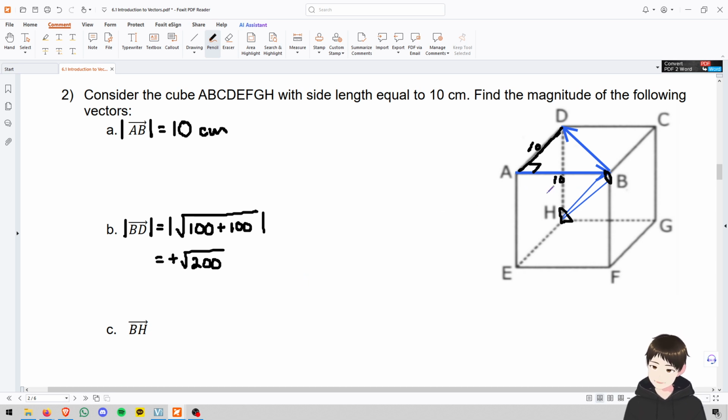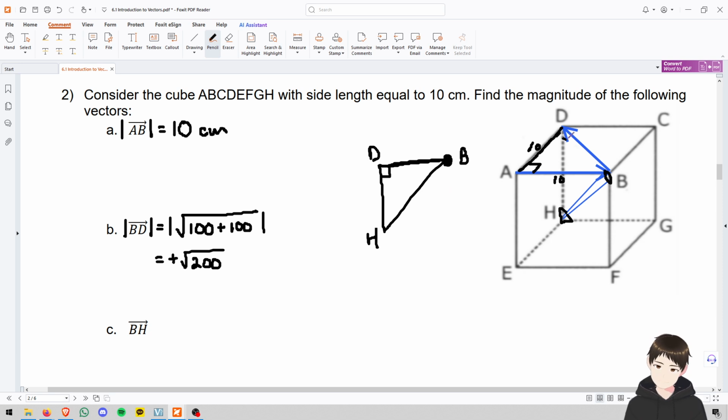So let's try it. BH. How in the world are we going to calculate that distance? Well, if you think about it, there is another right angle triangle involved. What is that? Well, imagine this is B. B connects to D, and D goes down to H. B to H is actually a hypotenuse of another right angle triangle.